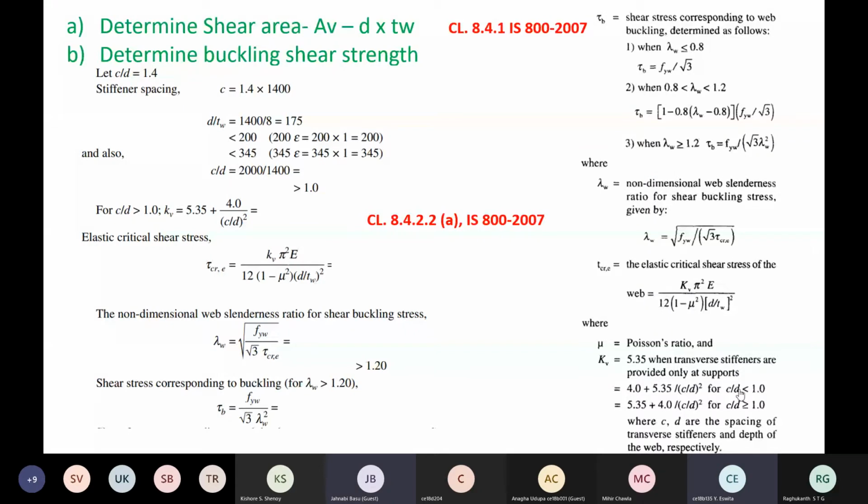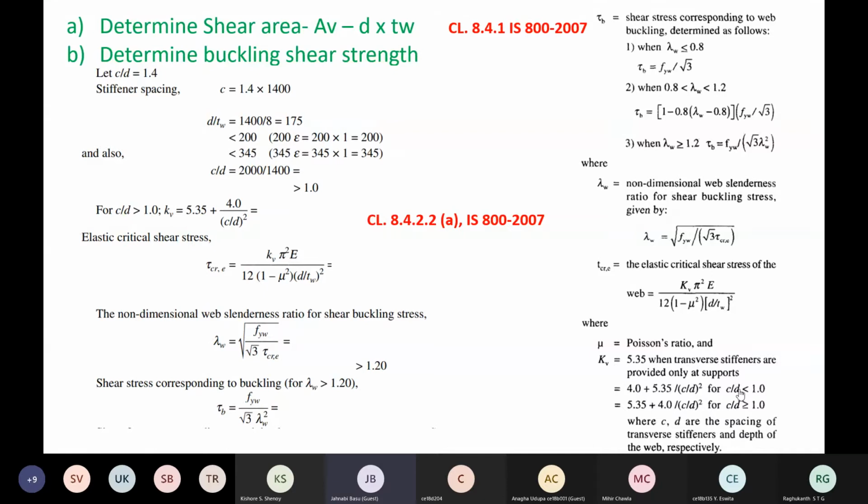Fine. Then after this, we will go for shear stress corresponding to the buckling. So here lambda W is greater than 1.2. Therefore, you can calculate from IS 800 2007 tau B as FYW by root 3 lambda W square. So lambda W you have calculated, FYW is 250.